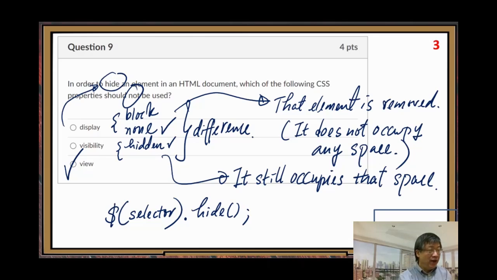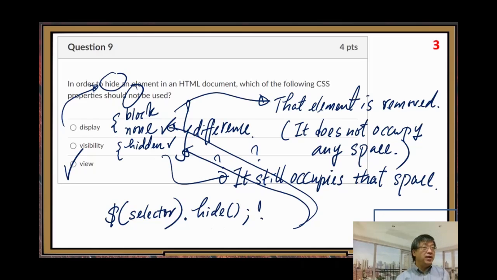Here is a question if you like to investigate: is this similar to the hidden value or the none value? Which case has the same behavior as this one? If you are interested, you can investigate. Otherwise, if I have a chance, I will talk about that. So that's question number 9.